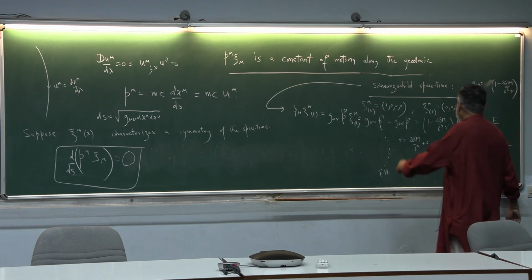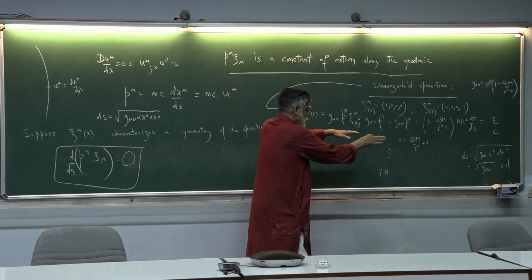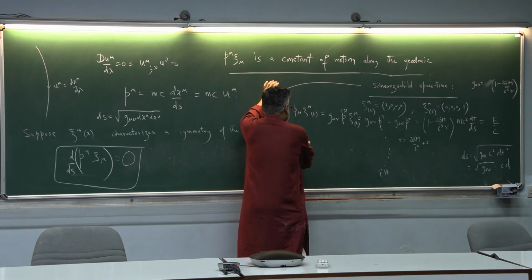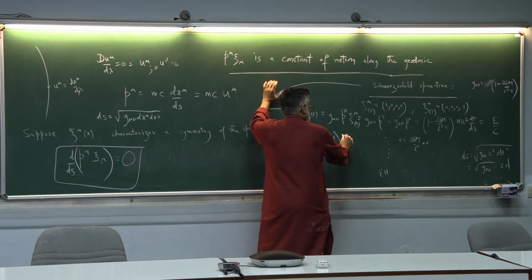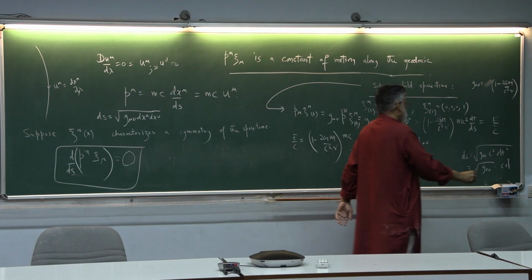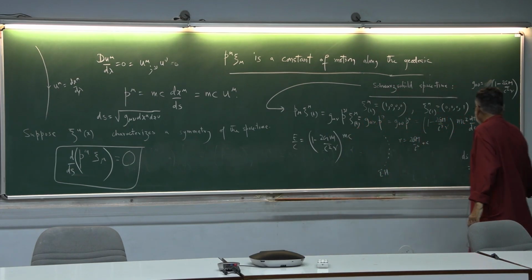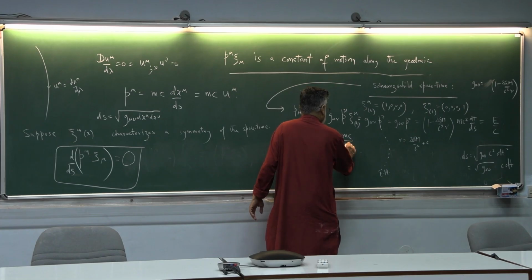So therefore your conserved energy when a particle is almost at rest near the horizon, the energy of the particle E by c is nothing but (1 minus 2GM by c square r) mc c dt by ds, because ds is square root of g00 c dt, I have proved. c dt by ds is 1 over square root of g00.